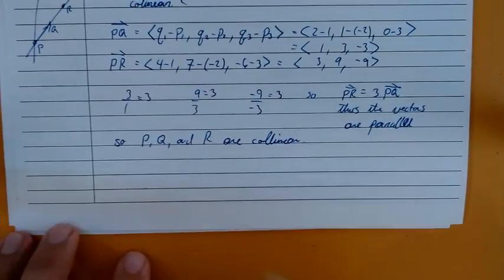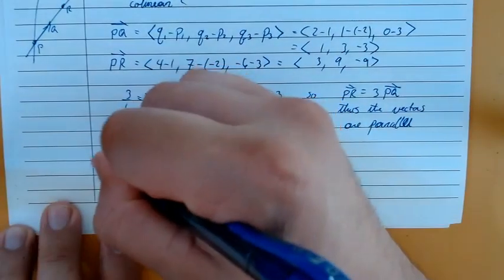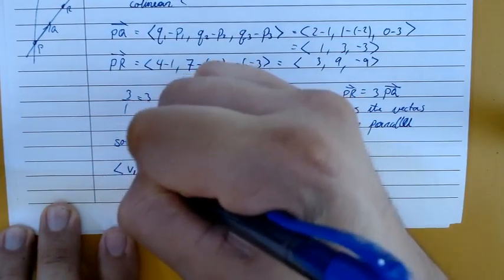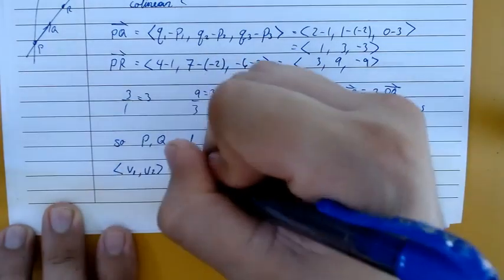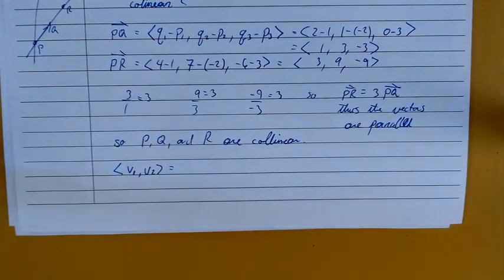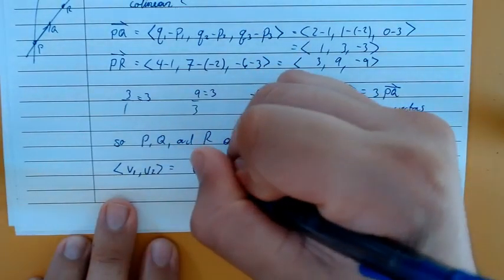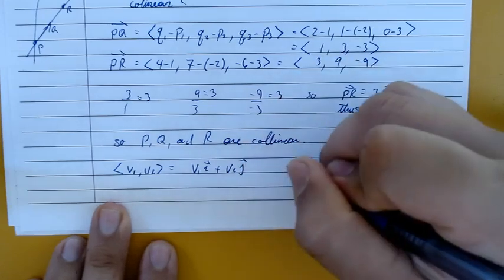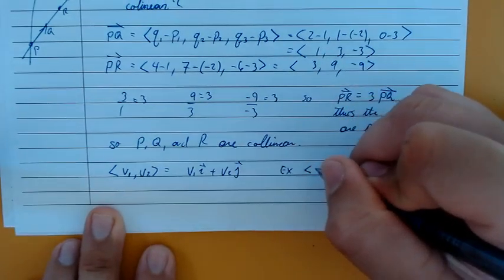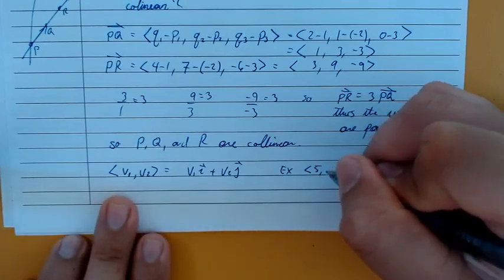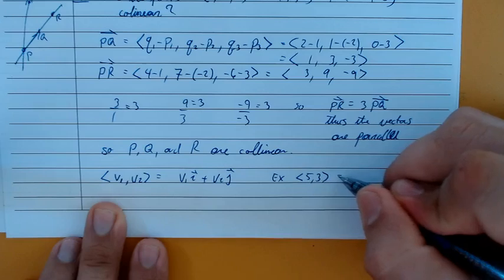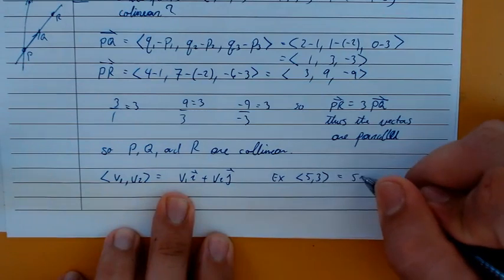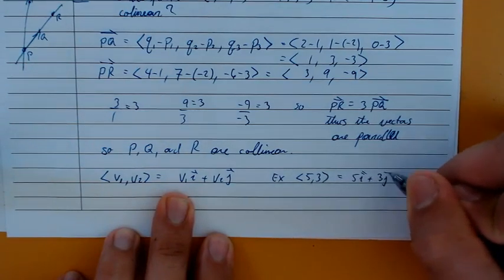Finally, when we talk about component form in 2 dimensions, you have something like V1, comma V2. You can also write that using standard unit vectors, i and j. You can write this as V1i plus V2j. So for example, if you have the vector in component form 5, comma 3, then in this form, where we're using the standard unit vectors, this would be 5i plus 3j.